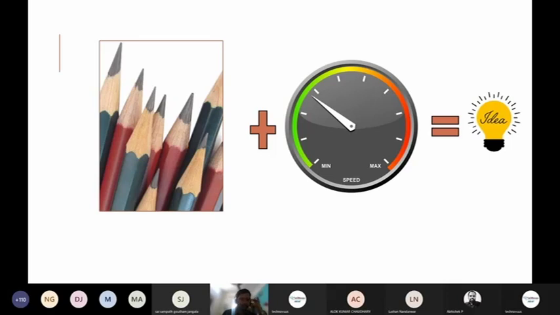Add it. For example, this is a speedometer, so it is measuring something. It's a property of measuring something, right? Now, if you want to use this property of measuring something in the pencil, the idea is let the pencil have the feature of measuring the number of words it writes.